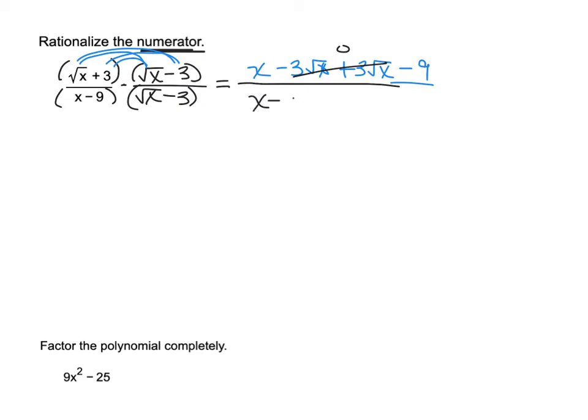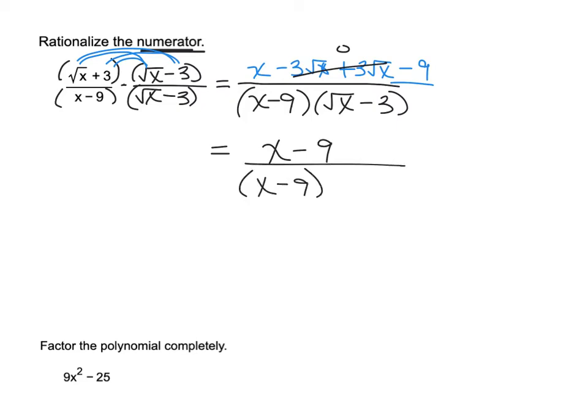And I'm just going to recopy the denominator. This is why we didn't want to multiply this one out, because as you can see, we get x minus 9 in the numerator. We happen to have an x minus 9 in the denominator, which can simplify. So that's why it was nice not to multiply the denominator out. And your hope is that maybe there's something you can cancel.